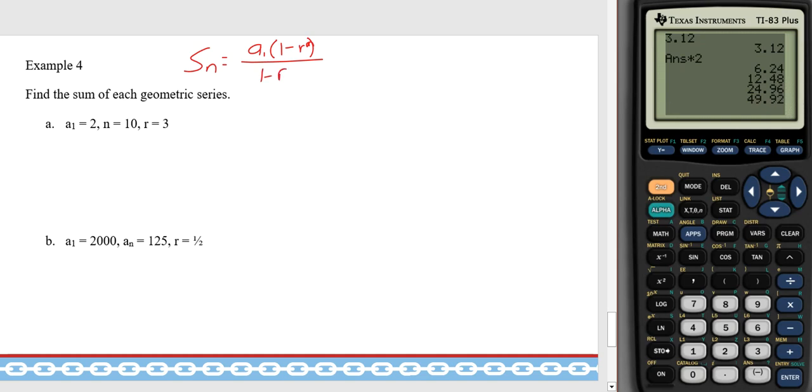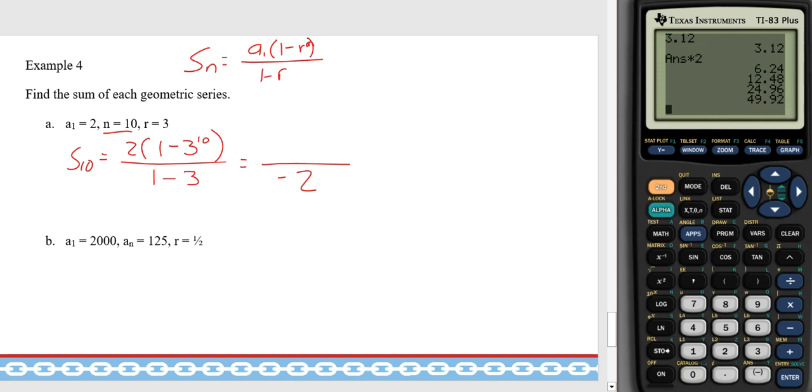So if I want to know the sum of the first 10 terms, it is equal to first term times 1 minus r to the n power, all over 1 minus r. So I am going to then have a -2 on the bottom.